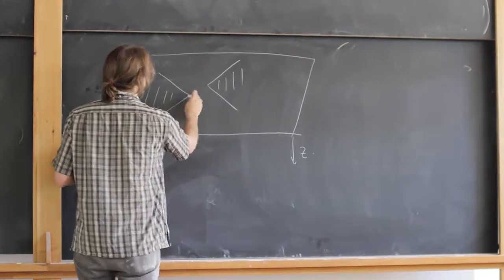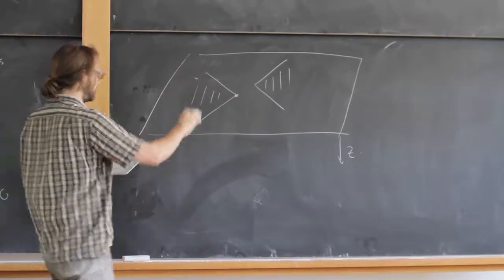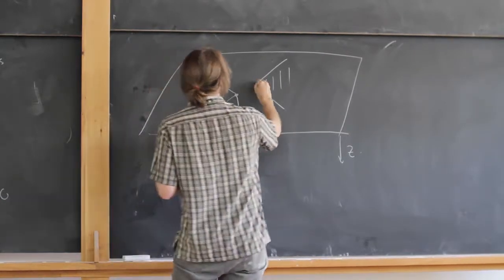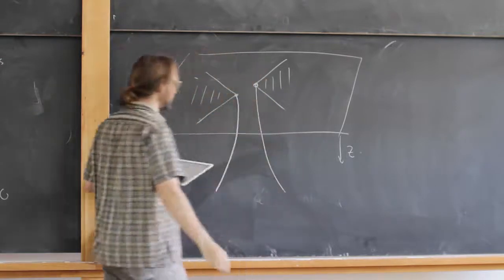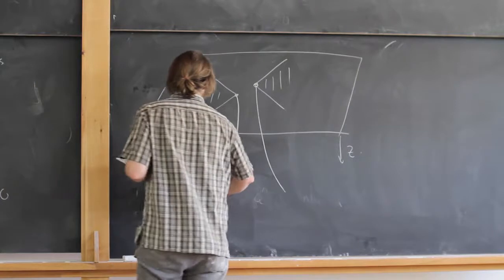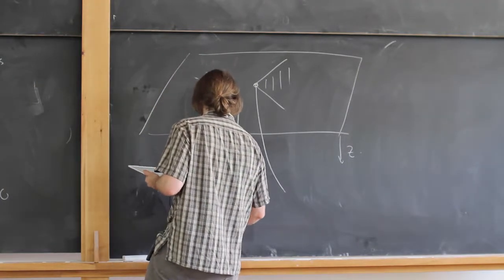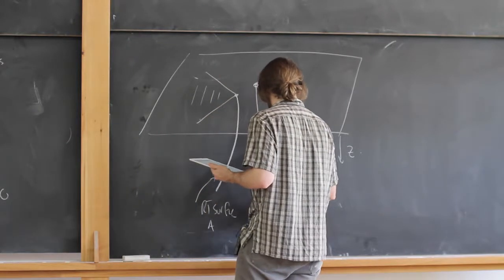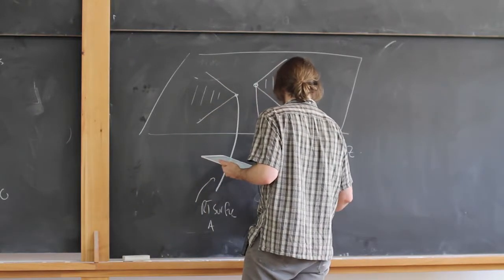I'm just drawing two dimensions on the boundary, so again the y direction is factored out. The entangling surface does something like this in the bulk as you fall in. This is the RT surface for A, and this is the RT surface for B.